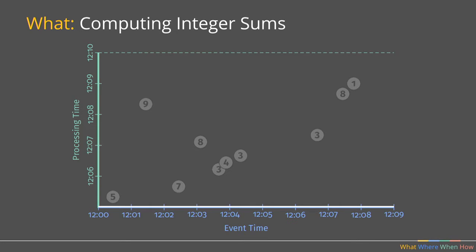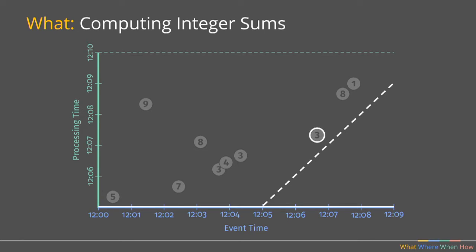So what does the computation look like? Again, we have event time and the processing time. And imagine these data points are our team scores. Again, we have the ideal event time, processing time line. This is the ideal watermark, but you cannot reach that.